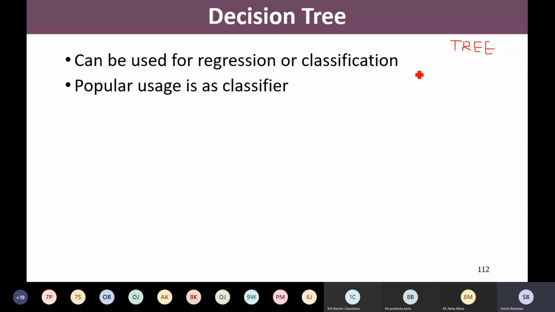So a tree is a non-linear data structure. What we mean by a data structure is something used to store and manipulate data efficiently. One such non-linear data structure is the tree.